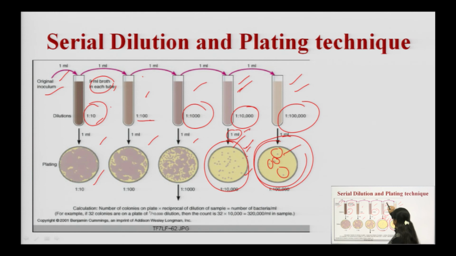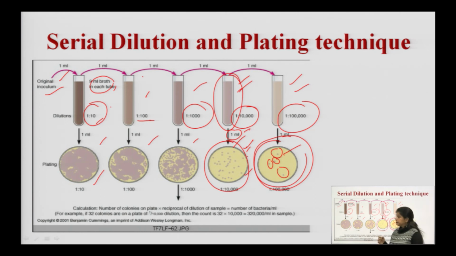This test tube, as 1 ml of this sample contains 55 bacteria. Now this test tube has that same sample of 1 ml which contains 55. Now we have 10 ml in this. If in 1 ml we have 55 bacteria, then in 10 ml we will have 550 bacteria, 55 into 10.